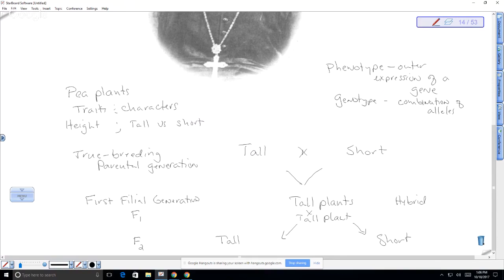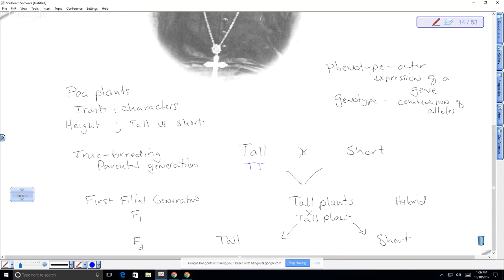Okay, so I'm going to change color here. What gene or allele combination do you think the true breeding tall plant must have had? Dominant, just one copy? Two, right? So this would be big T, okay?